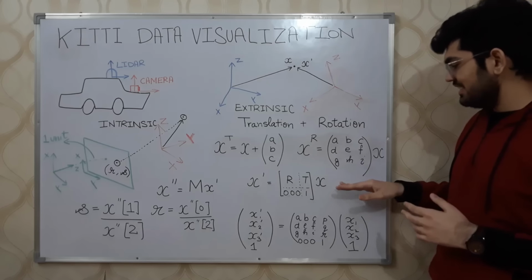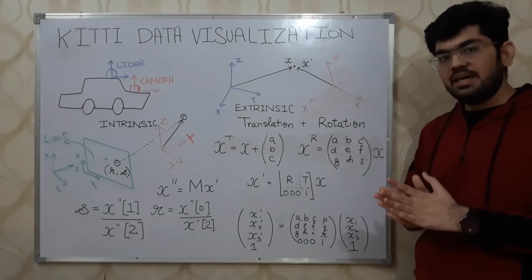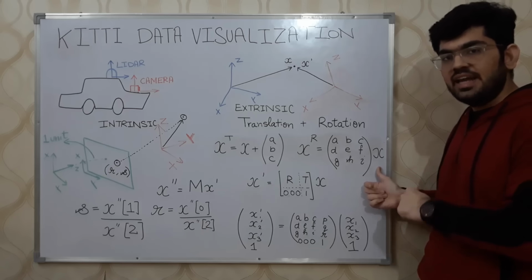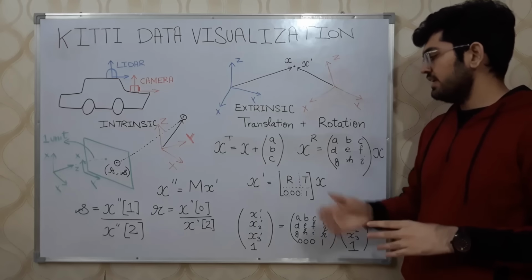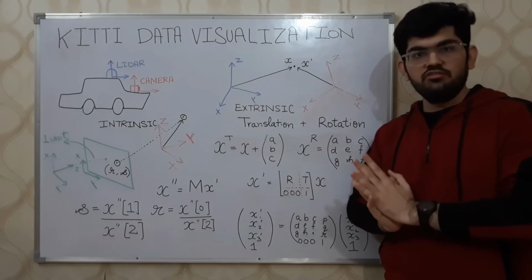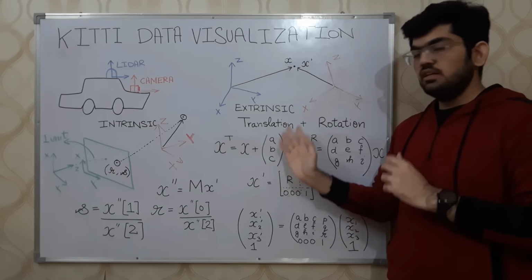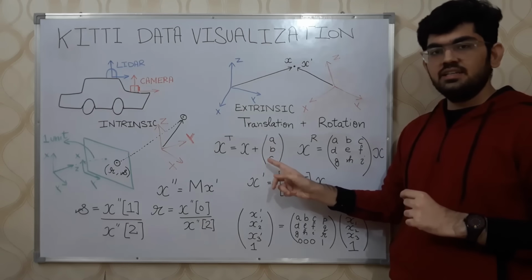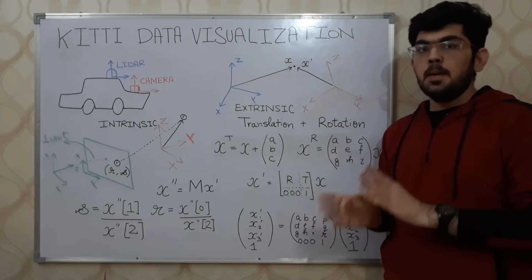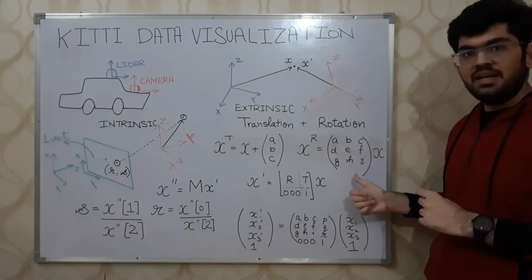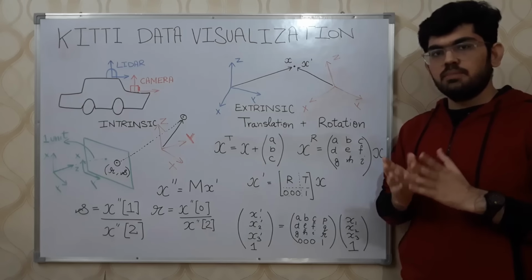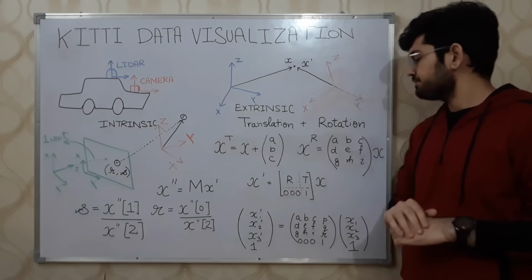If we consider this 3 cross 3 matrix and we multiply this matrix with our original vector x, we get a rotated vector xr. However, we need to keep this in mind: the values of this translation vector can be anything, but the parameters of this matrix are bounded within a range.